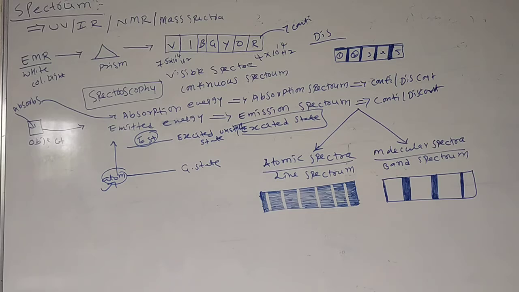Here, dark lines are formed on the bright screen. This is just the explanation of absorption spectra and emission spectra.